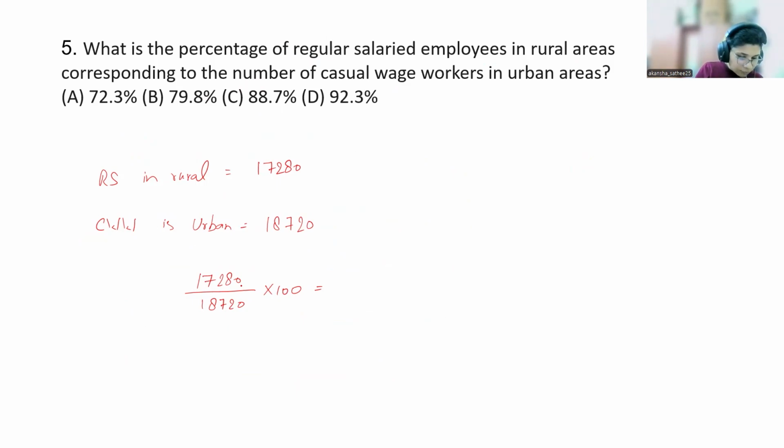So you have to divide 17280 upon 18720, it is coming out to be 92.3%. So yes, option D is correct. That is how you have to compute percentage. I hope this problem is clear.